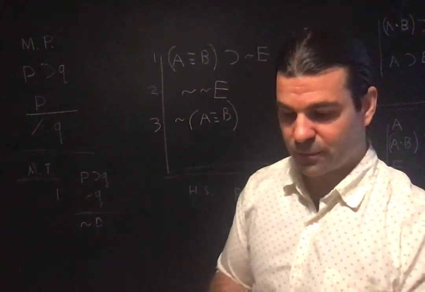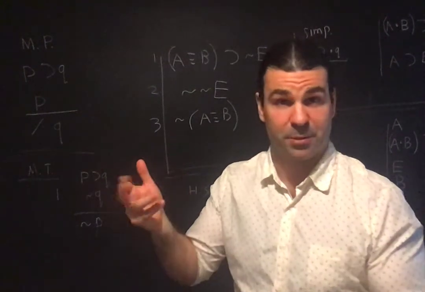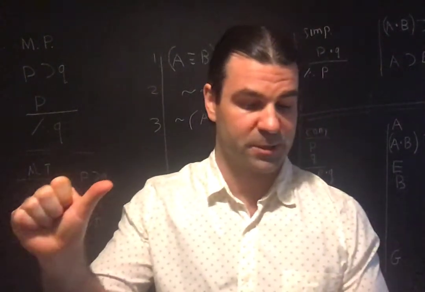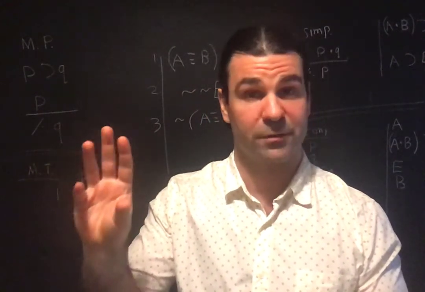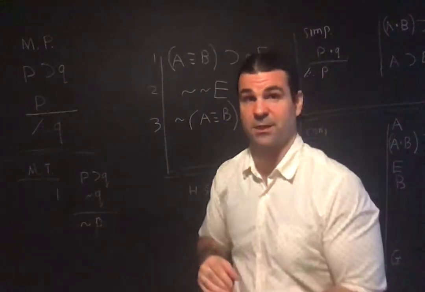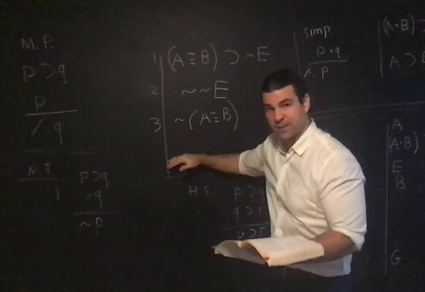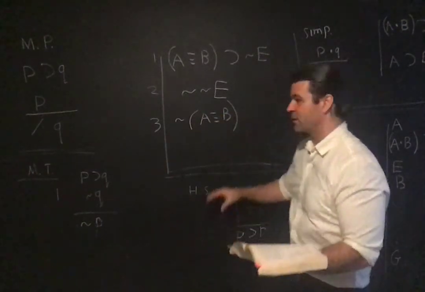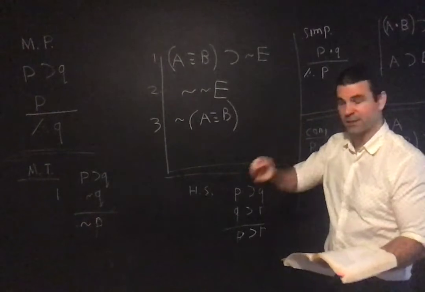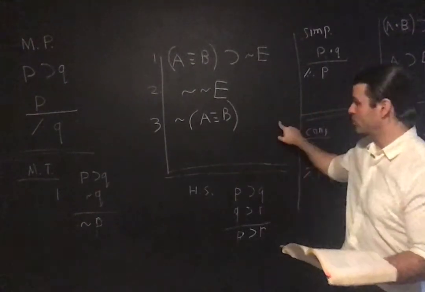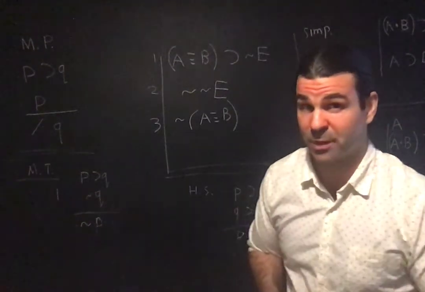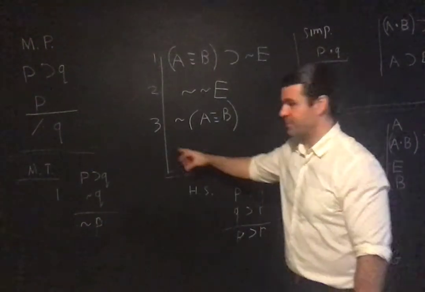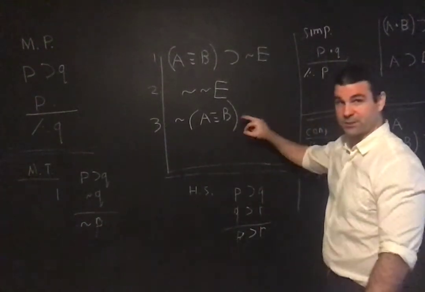A justified step is either a premise or else a step that follows from previous steps according to one of the given rules of inference. The things you write down should all be justified steps, where you've got three parts: formula, rule, and the numbers, which are the substitution instances of the premises.